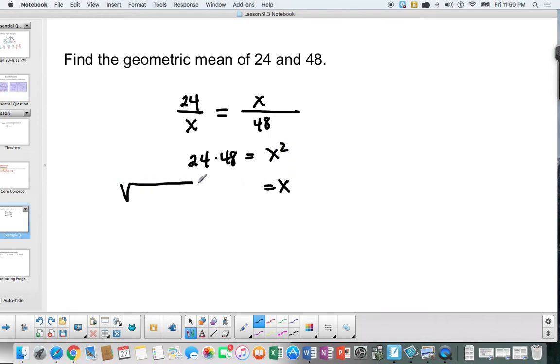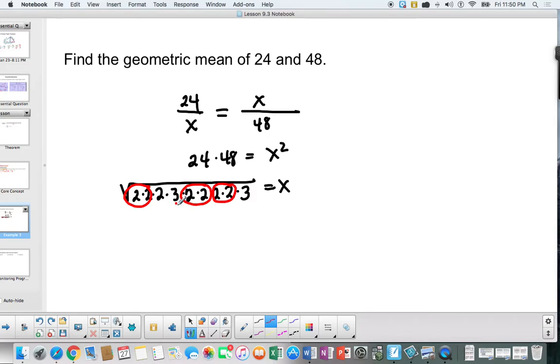When I take the square root of both sides, I'm going to rewrite 24. 24 I know is 8 times 3. I'm going to write 8 as 2 times 2 times 2, times 3. I know that 48 is 16 times 3, so I'm going to write 2 times 2 times 2 times 2. That's the 16 times the 3. Now to simplify a square root, remember that you take them out in pairs.